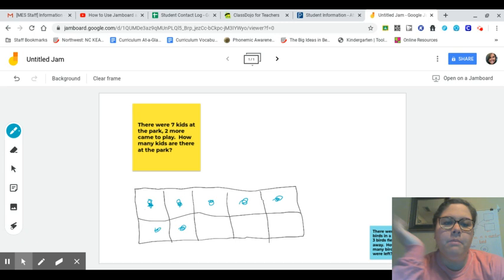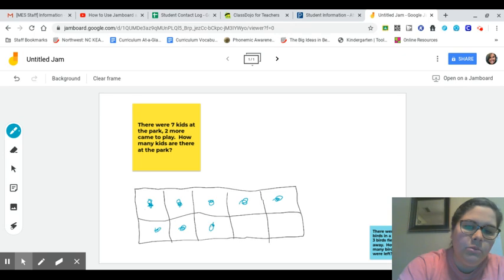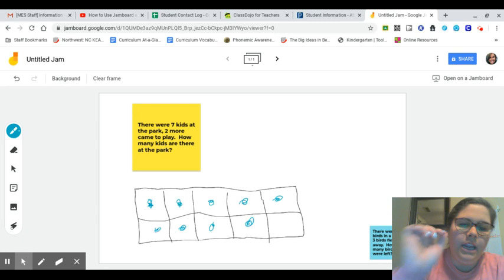How many more? Now that word is very important. More means we're going to be adding. We're going to be doing addition and using a plus. 2 more. So how many more kids do I need to add to my 10 frame? You're right, 2 more. So there's 1 and 2.